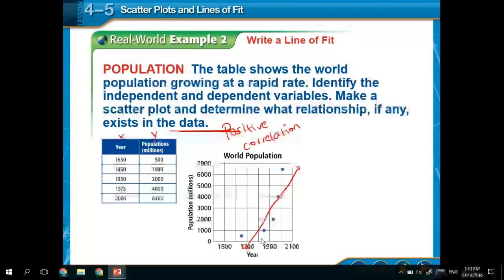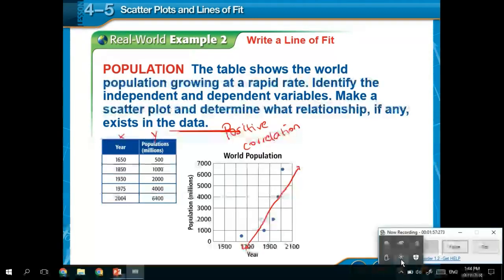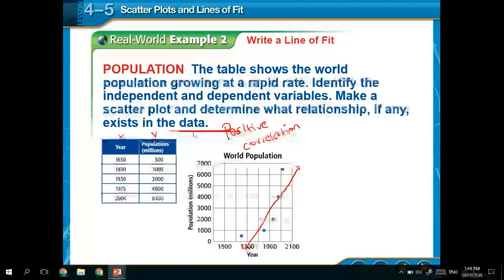So to write the equation of a line, you can use 2 points on the line. So I'm just going to pick 2 points on the line. This here is a point, and then we're going to pick one more. So point 1 looks like 1800, comma 1000.